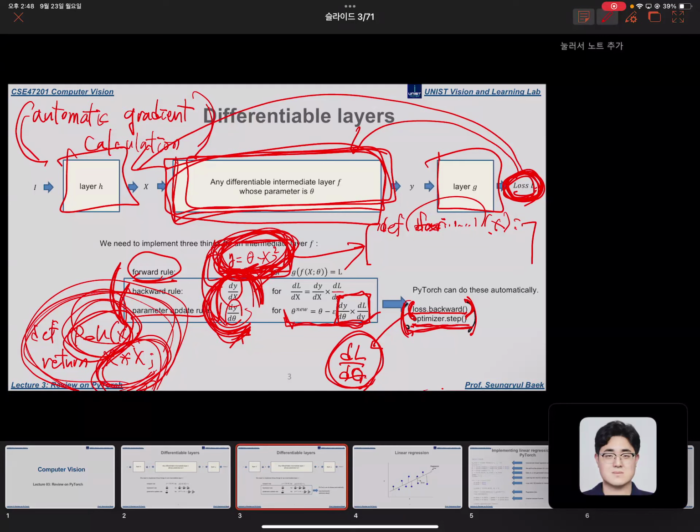So by these two lines of code, this is calculated for the entire deep architecture, and this is actually meaning training the network. Are you guys following this? This is very important, actually. So if you don't understand this, please raise your hand. Okay. So these are the two important lines of code in PyTorch.